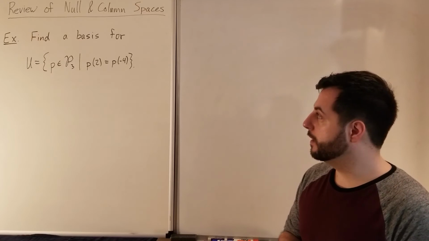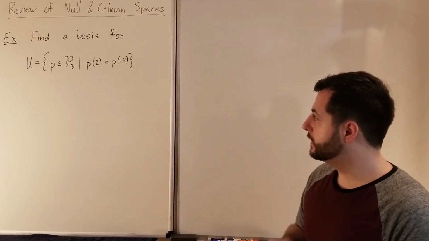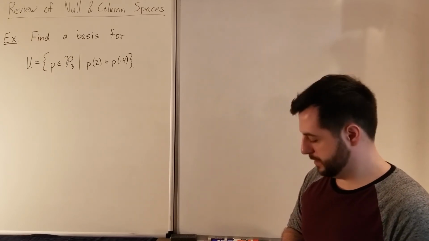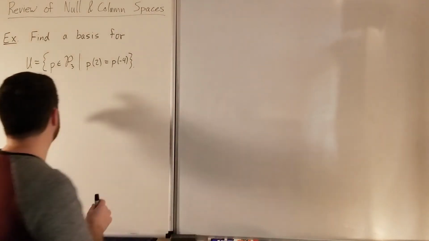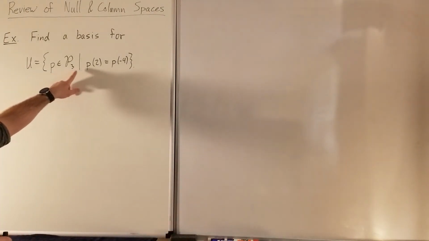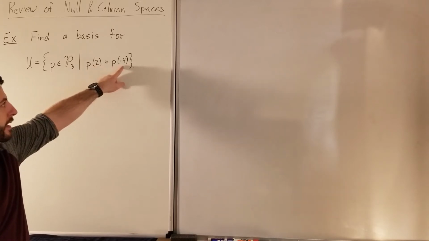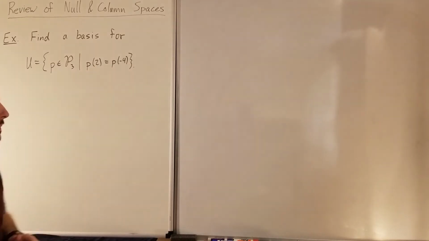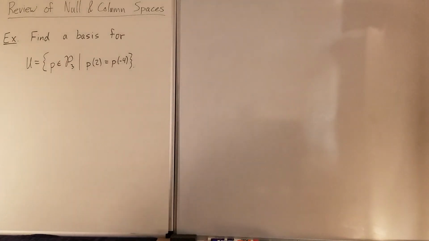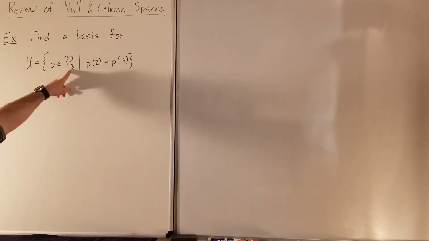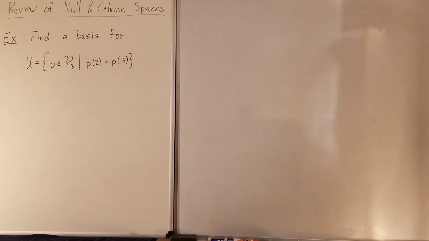All right, we have a new problem here. Our problem is to find a basis for this set. Okay. So U is the set of polynomials in P3 such that evaluating at 2 and evaluating at -4 yield the same number. This is very similar to some of the sets we saw in the last video dealing with the definitions of these PKs.